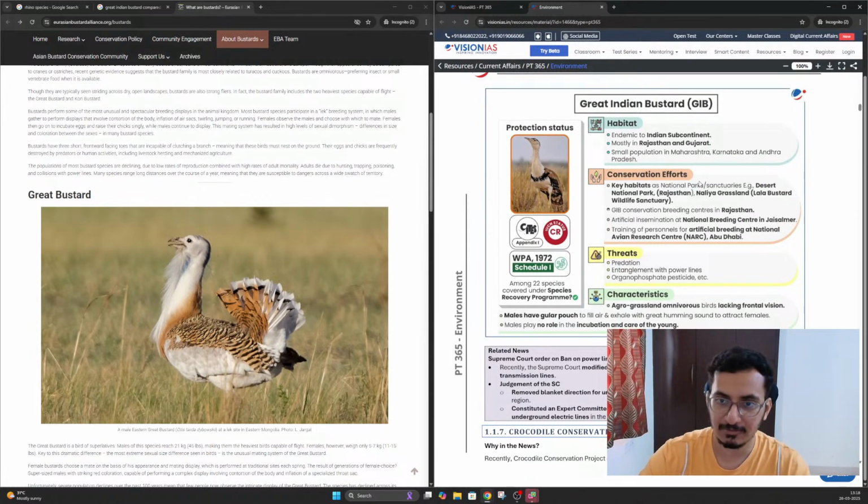Mainly it is in Rajasthan and Gujarat, but Maharashtra also has some rain shadow region. There is some in Karnataka and Andhra. Yeah, this is a flying bird. We have to remember, even if it generally stays on the ground, it is a very heavy flying bird.